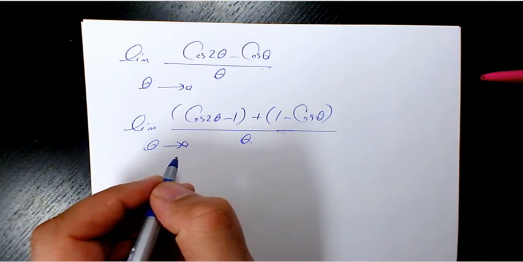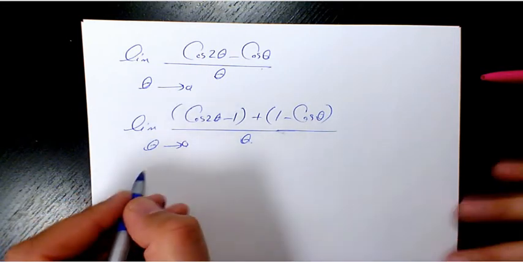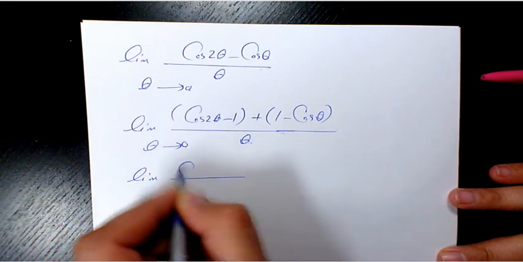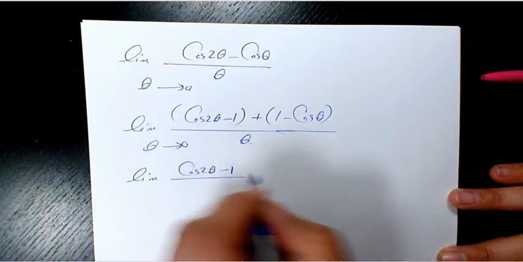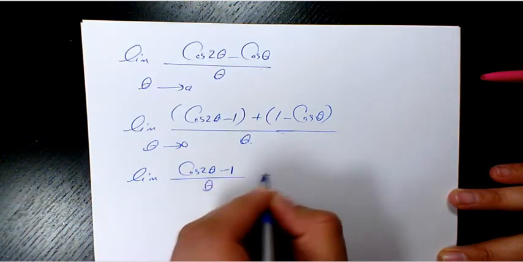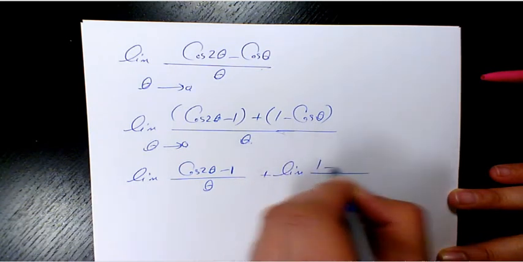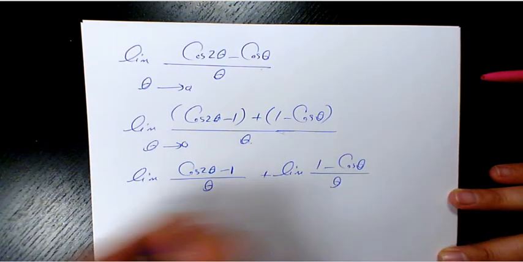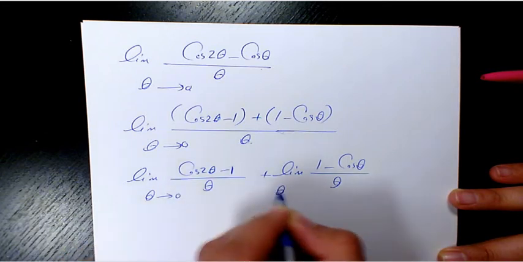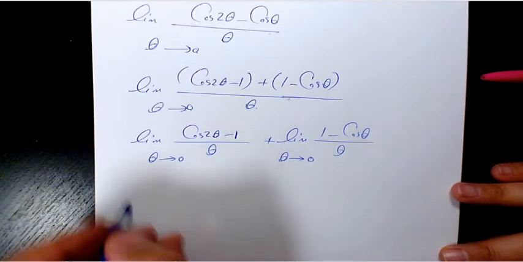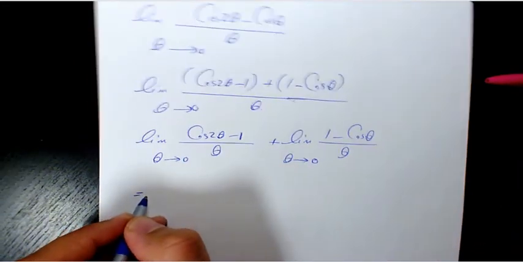That's going to be the limit of cosine 2 theta minus 1 over theta plus the limit of 1 minus cosine theta over theta when theta is approaching 0.